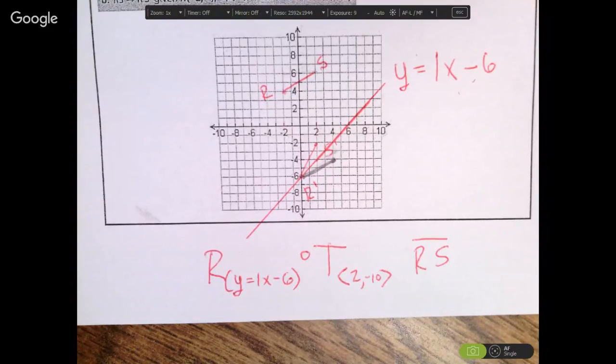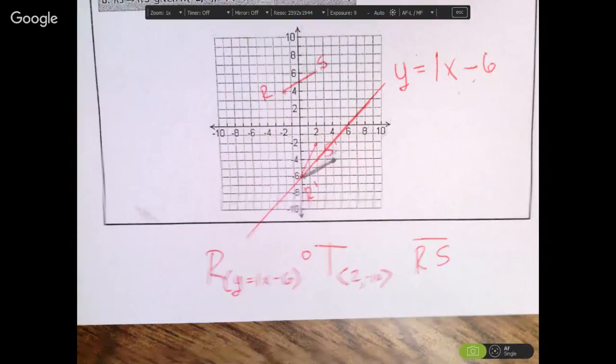If you become an auto mechanic, I would rather have an auto mechanic that's good in math than one that's not. And let me tell you why. Because if they could walk through this problem we just did and understand it, then when they look at your car engine and they're trying to figure out what's wrong with it, they're going to be able to walk through it in their brain. Rotation and translation.